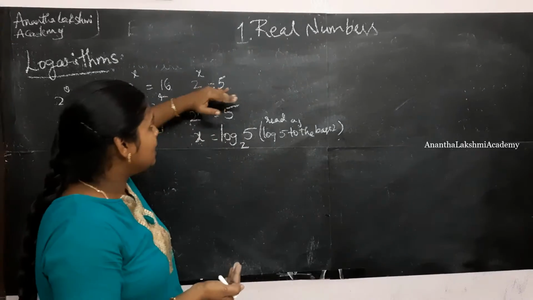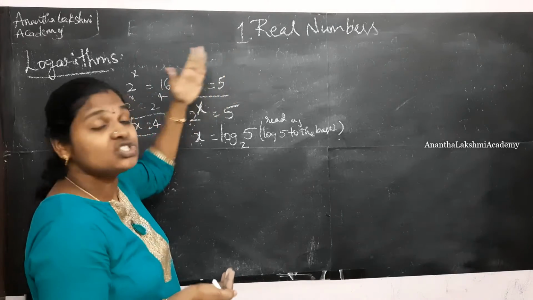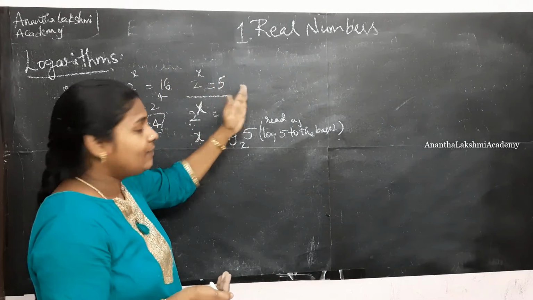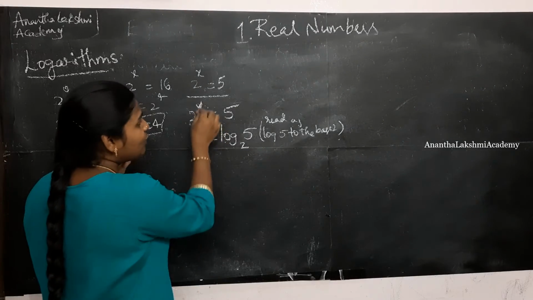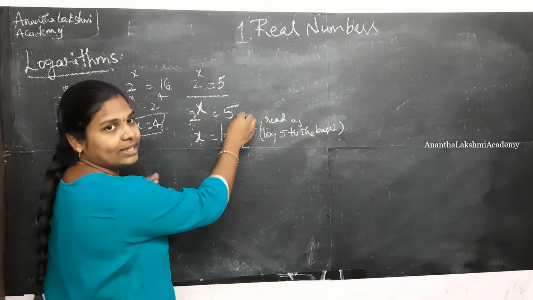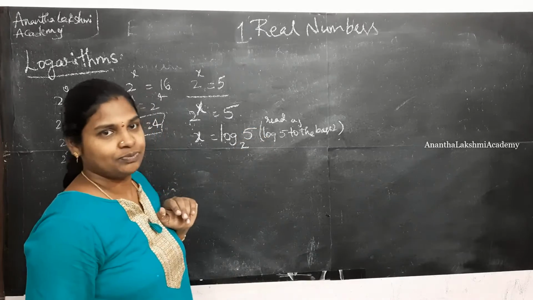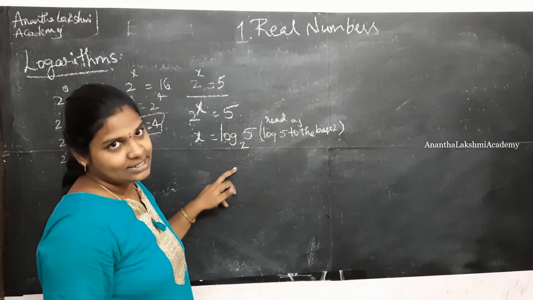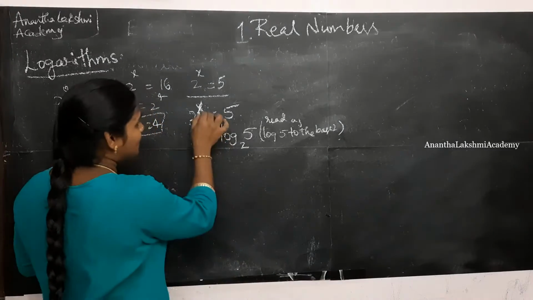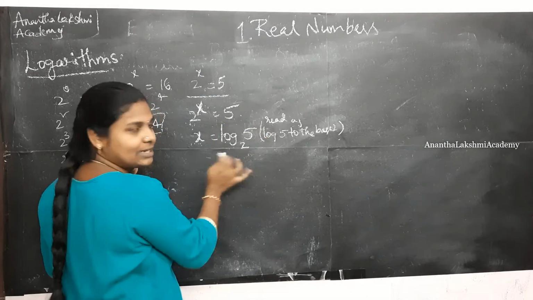When you equate some power of any number to something which is not a direct multiple, this is how we solve it. So 2 power x is 5: what power of 2 is 5? That can be given by log 5 to the base 2. The base remains the same. The log comes first, then the number.